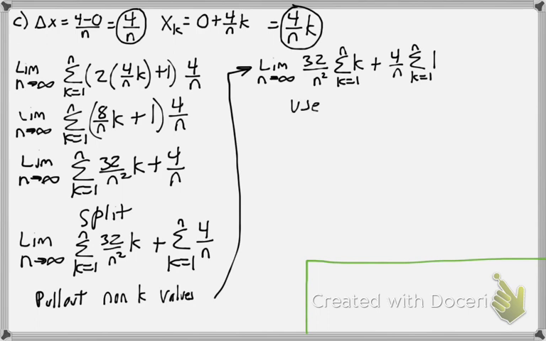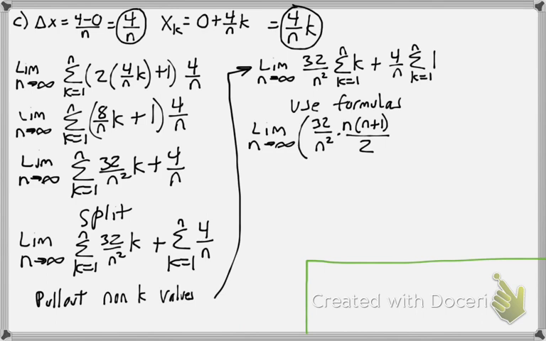Now I want to use my sigma formulas, and again, we were practicing that on the last worksheet. The 32 over n squared was there from before we pulled it out. The actual series part is going to become n times n plus 1 over 2, plus 4 over n times, and then this 1 is going to become n.